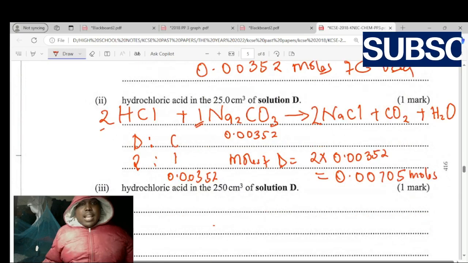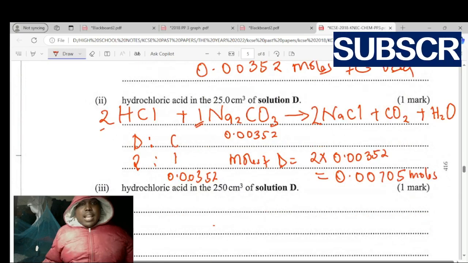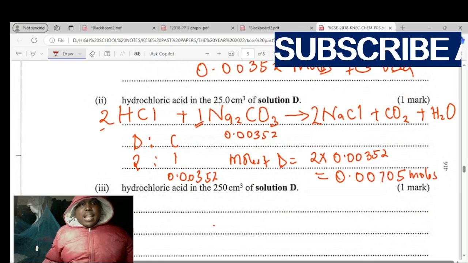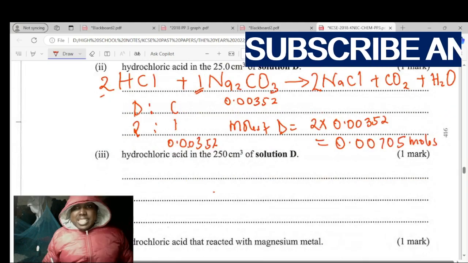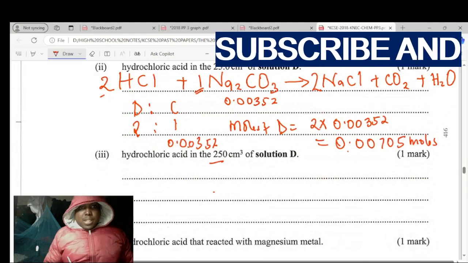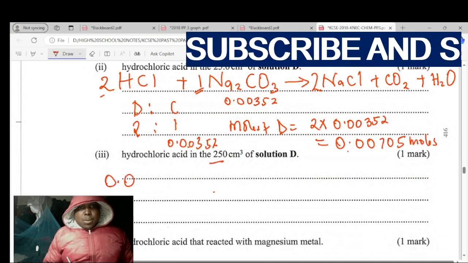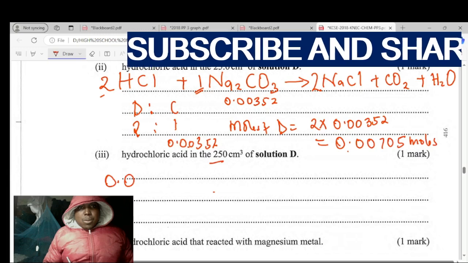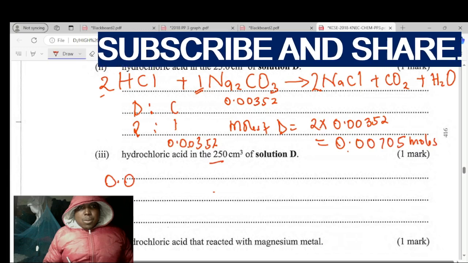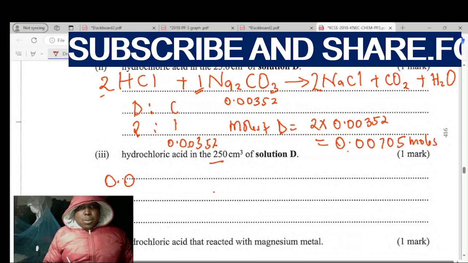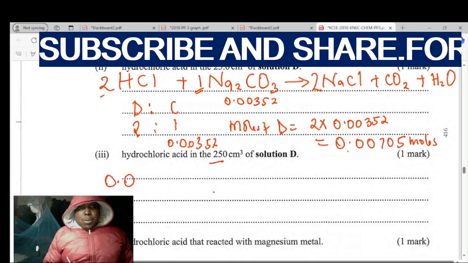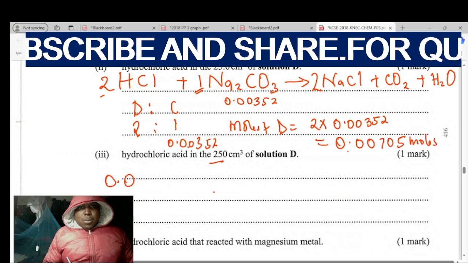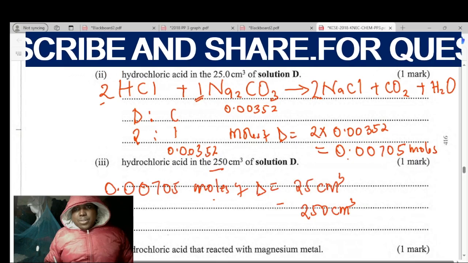Hydrochloric acid, the number of moles of hydrochloric acid in 250. Now we have gotten the number of moles of hydrochloric acid in 25. What about 250? So you say 0.00705 is the number of moles of HCl solution D in 25 centimeters cube. 250 centimeters cube will be equal to what?